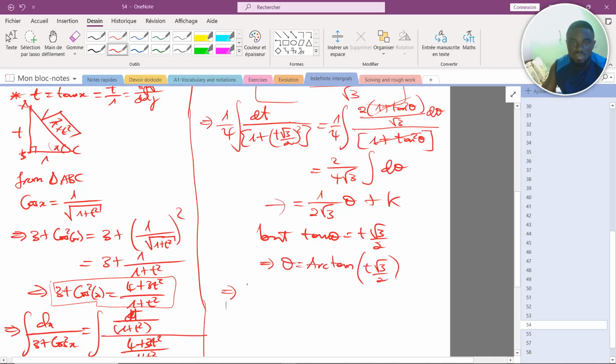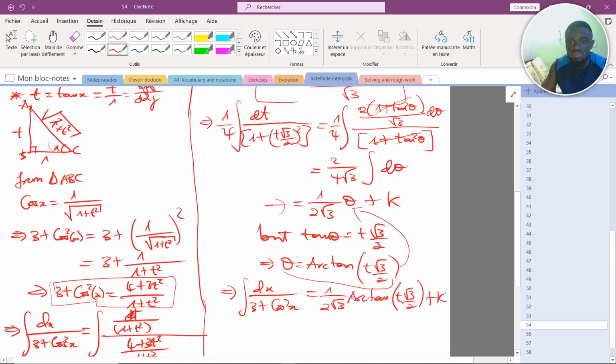So this implies the integral of dx, I copy this, 3 plus cos square x will be equal to what? I first substitute this theta inside here, the last expression. So I'll have 1 on 2 root 3 arctan of t root 3 on 2 plus my constant of integration k belonging to R.